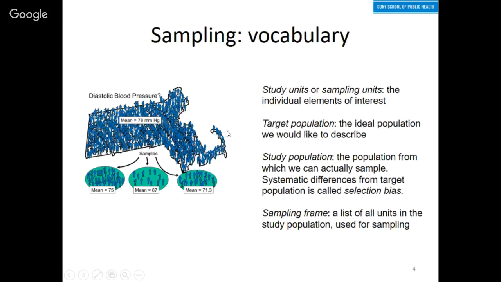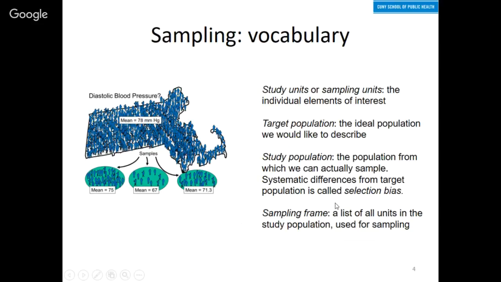So if your target population is Massachusetts, but you do a phone survey, then your study population will only be the people who are willing to answer their phone to strangers. And if that systematically differs from your population, it's not just a random subset of it, this introduces what we call selection bias.